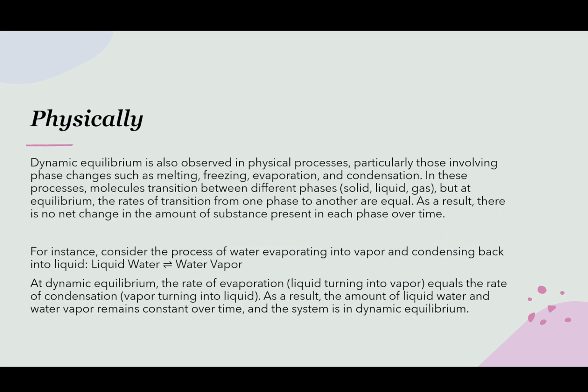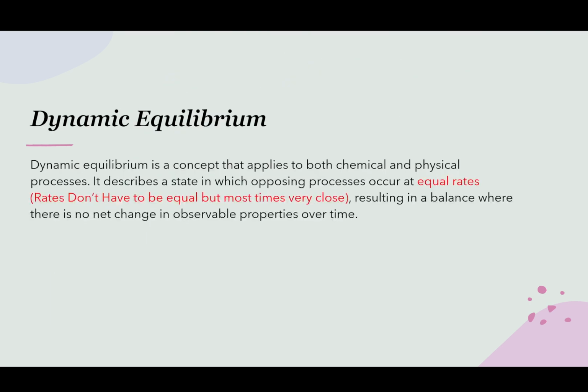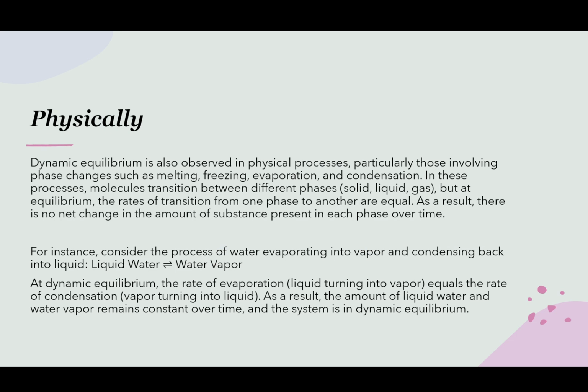Note that dynamic equilibrium can be understood chemically and physically. Physically, this is going to be more useful to you when you talk about Raoult's law and all those different types of laws within Unit 2 chemistry. Dynamic equilibrium is also observed in physical processes, particularly those involving phase changes, such as melting, freezing, evaporation, condensation.